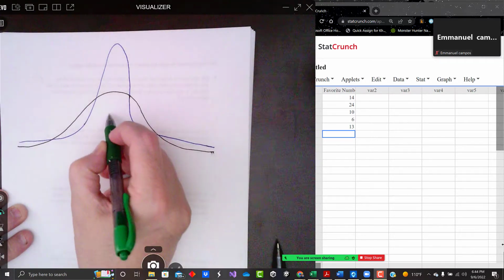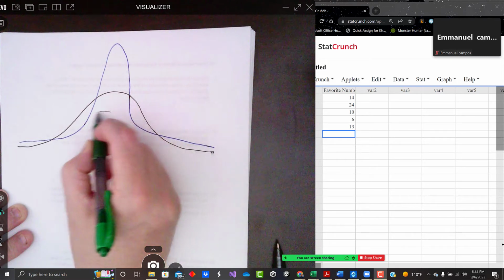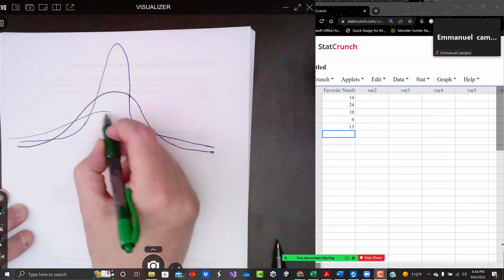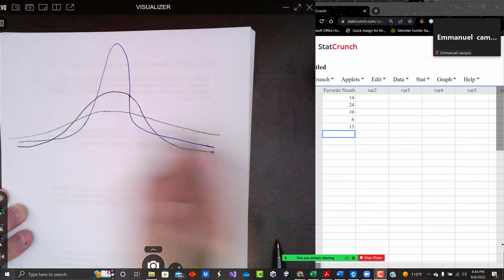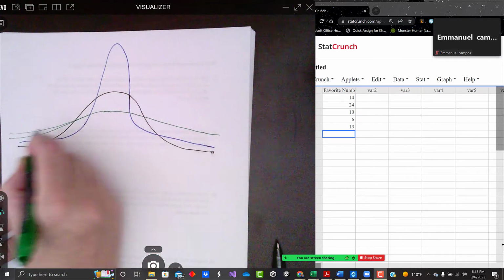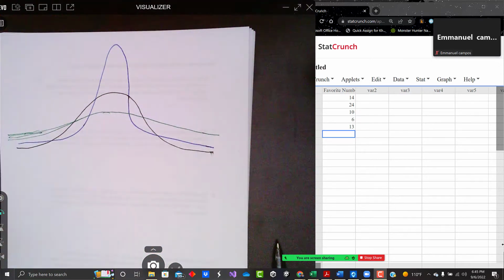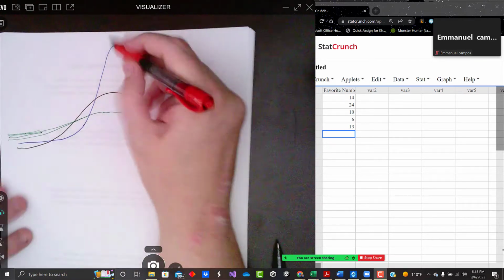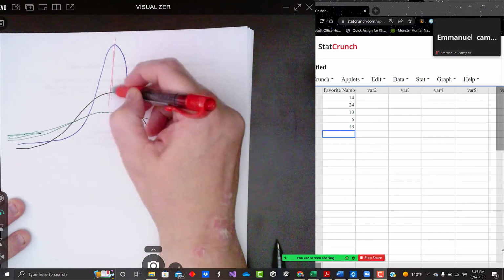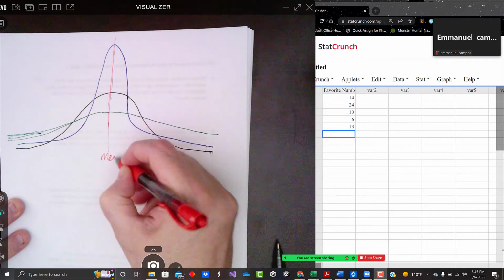And we'll do one that's kind of flat. So all of these have that same center right here. The mean and the median.